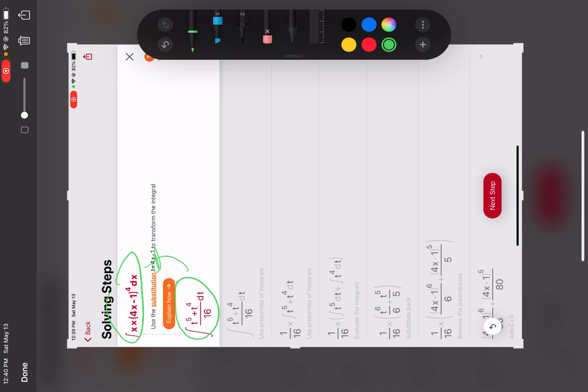Considering that one, t is equal to 4x minus 1. Okay.